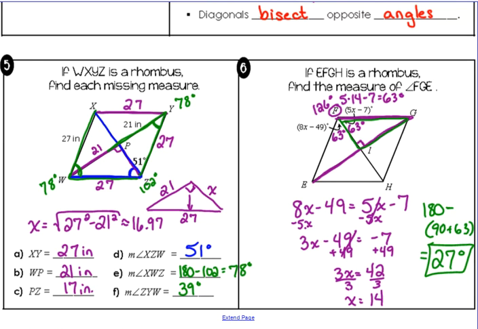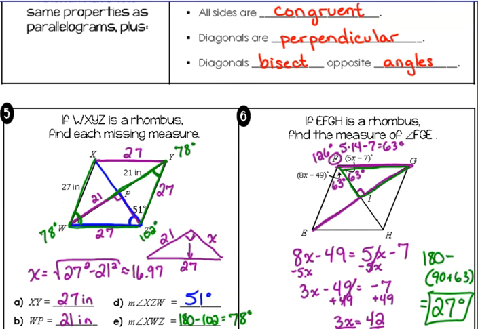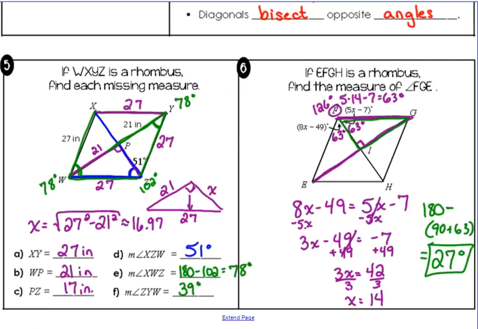Okay, what do I know about these properties that will help me out? So I overlooked for a second the fact that the diagonals are perpendicular. So I've got right angles in here, so I've got a little right triangle. Once I find that 63, it's really easy for me to find this angle that I'm actually looking for. Okay, any questions?